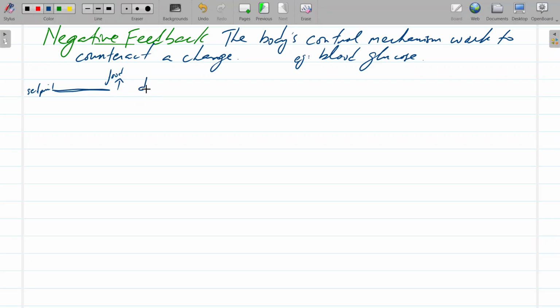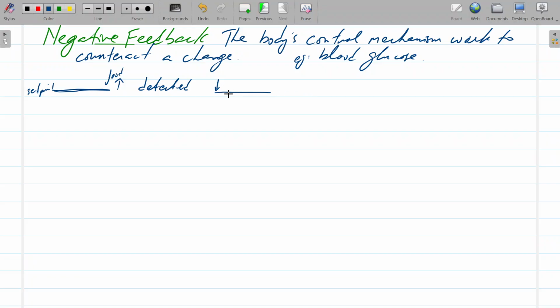This is detected, and what the body does is, because it's going up, the body sets things in motion to bring it back down, right? Now obviously, as I mentioned, it does not stay at the set point. It does not stay at a fixed value.